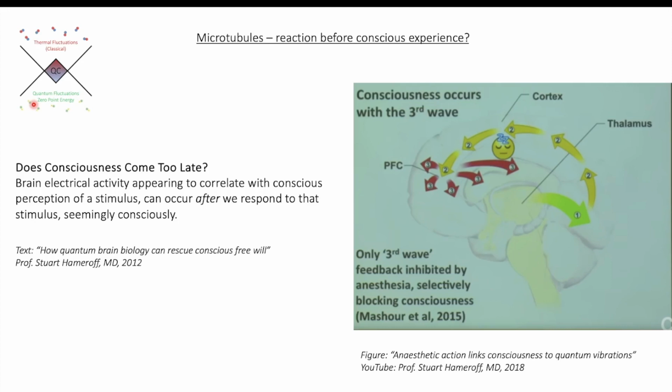We are thinking about what is happening here. And then we are making a decision, an intention. And then the quantum fluctuations create a certain coherence. And then that coherence is transferred back to the microtubules in these brain cells, and that goes in a wave 1, in a wave 2, and in a wave 3. And during wave number 3, we become conscious here as a human in this thermodynamic reality.